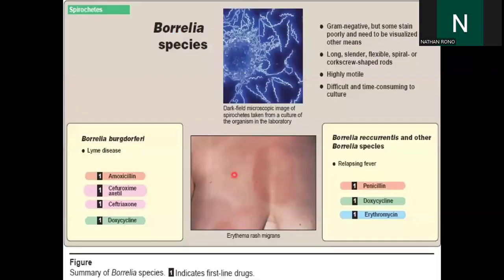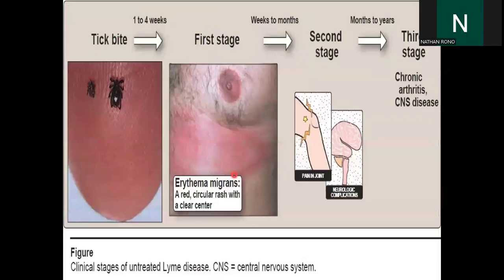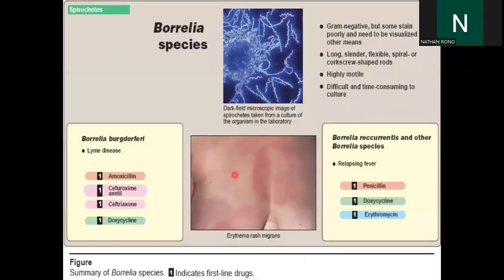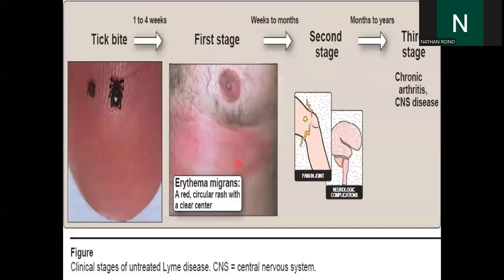Okay. Then for Lyme disease, similar to syphilis, it presents with different stages. There are three main stages. Remember for syphilis, there were three stages, similar to Lyme disease. Now, you have to be bitten by a tick, by the way.